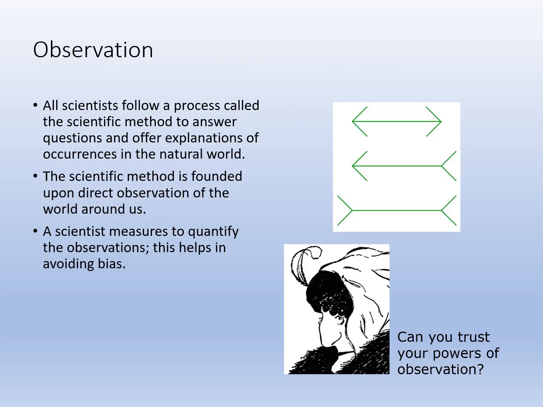First, the observation is the hallmark of science. It's also the least reliable. Take a look at the arrows there. Without measurement, your eyes tell you the bottom arrow is the longest. The bottom line would be the longest on those arrows. But in reality, they're all the same length, so you need to measure your observations after you observe them.